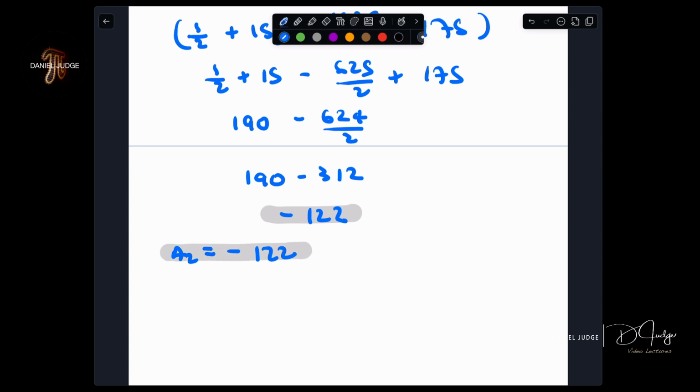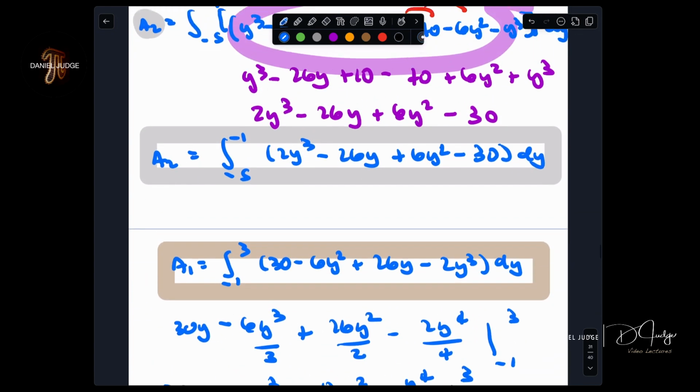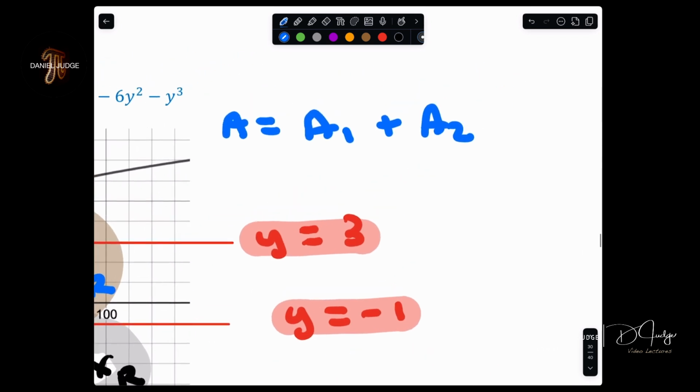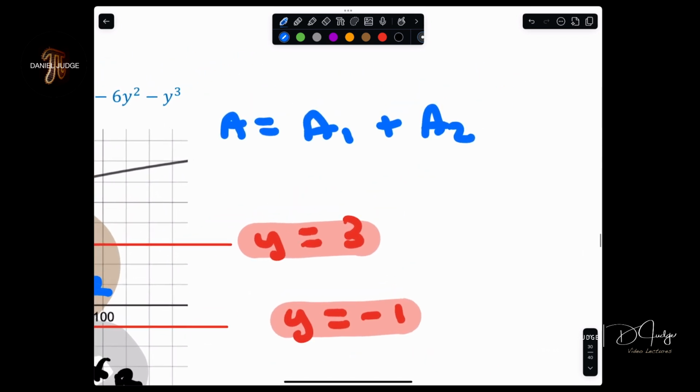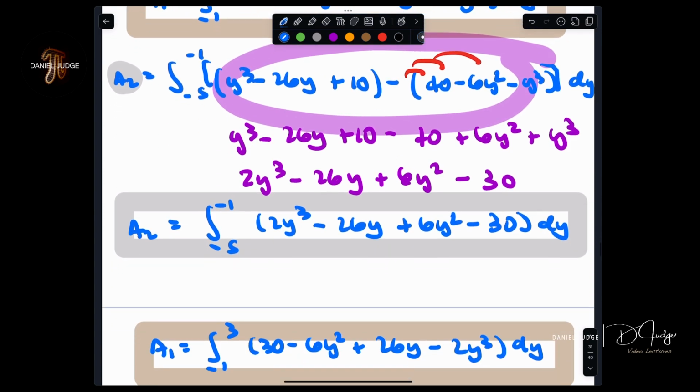So remember what we said here. Your area is going to be A1 plus A2. So I got to go all the way back here. All right, A1, gold. What were you, A1?